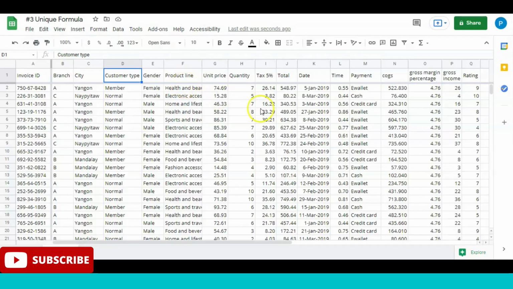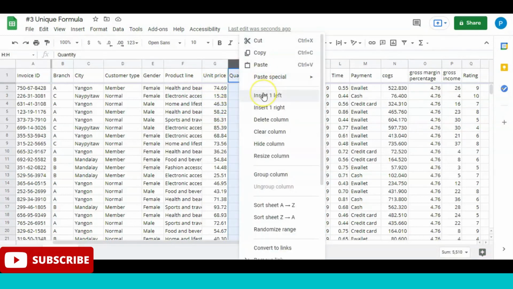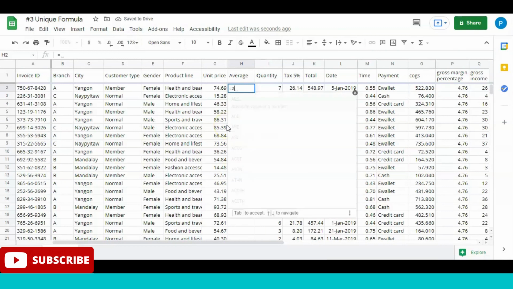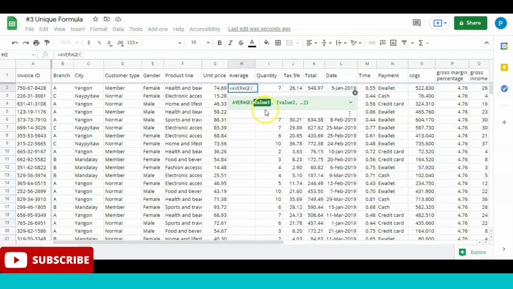Okay, so for example, if I want to see the average unit price from this G column, I'll add a temporary column as we did for unique. Average. We are trying to find the average unit price. So same, equal to average, value 1, value 2.